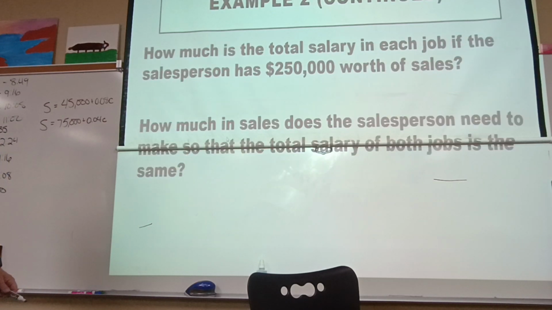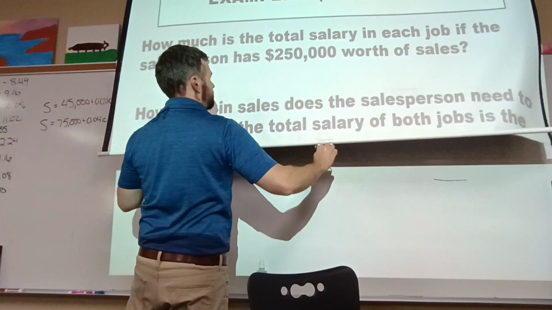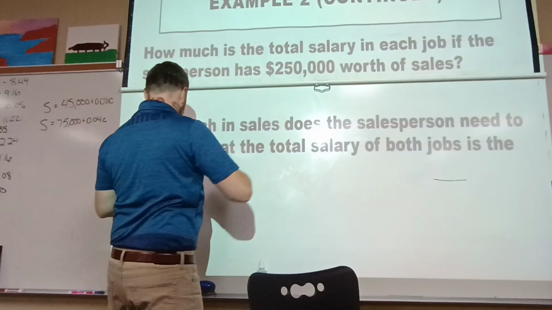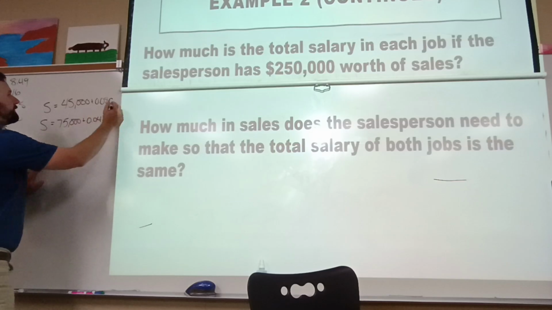Now, here's the big question. What if you're going to make $250,000 worth of sales? How much does each person make? Okay, so this is something you'd have to ask yourself with different job offers.